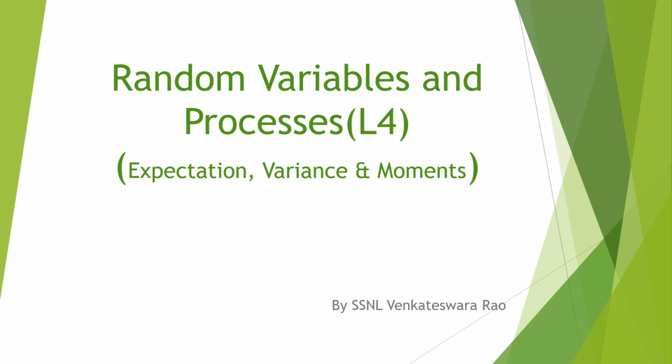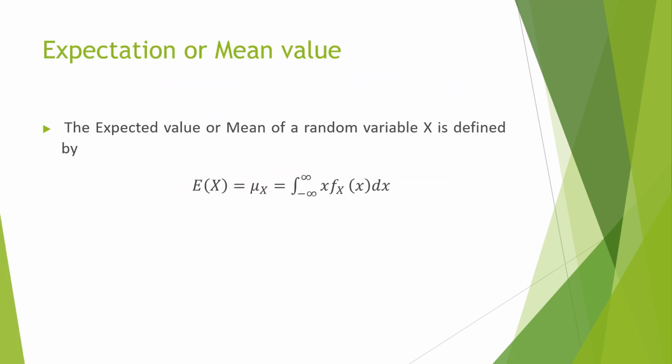In this video we discuss expectation, the moments and the variance of random variables. The expected value or mean value of a random variable is defined as E[X] = μX = integral from minus infinity to infinity of x fX(x) dx.